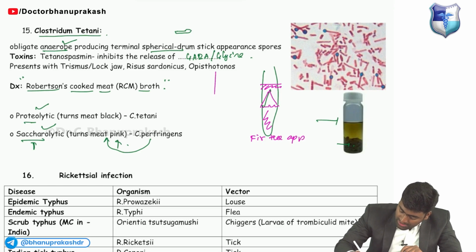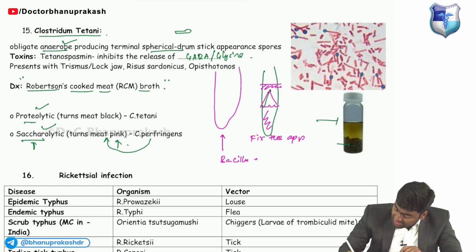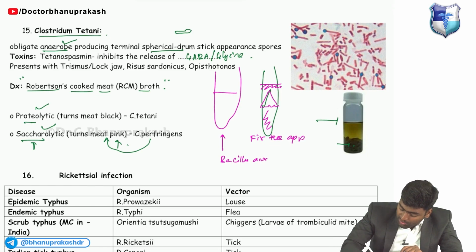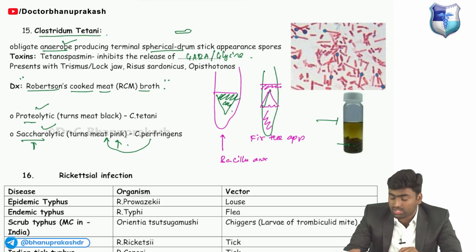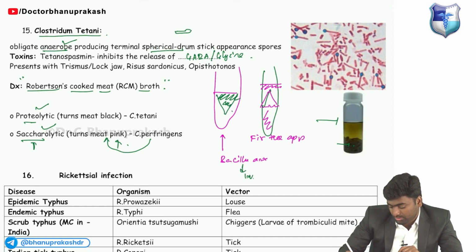Whereas in the case of Bacillus anthracis, I told you it is an aerobic bacillus, so it will grow more on this side, less on here. So it will make like this. It is known as inverted fir tree appearance. Remember.